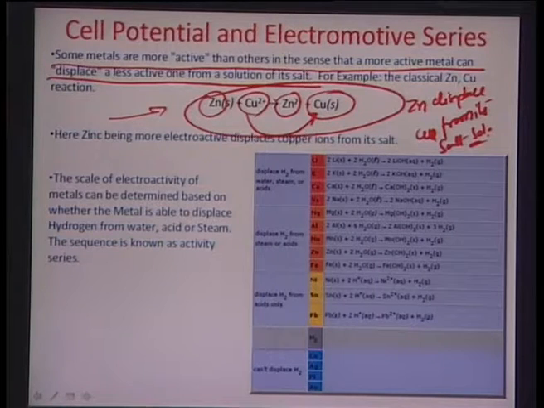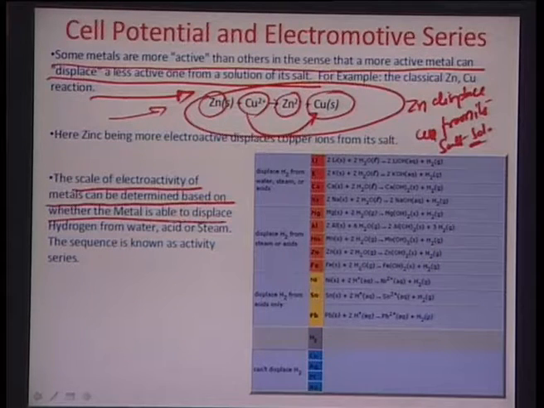Based on this kind of ability of materials to displace each other from their solution state, there is a scale of electroactivity, especially of metals, which has been formulated on the ability of the metal to displace hydrogen from water, steam or acid.